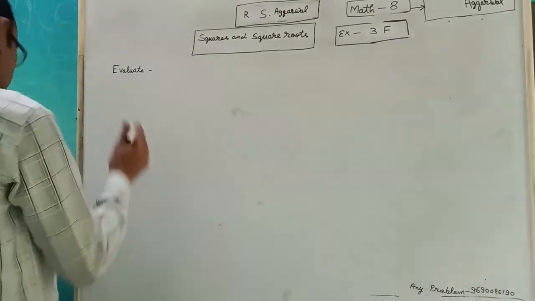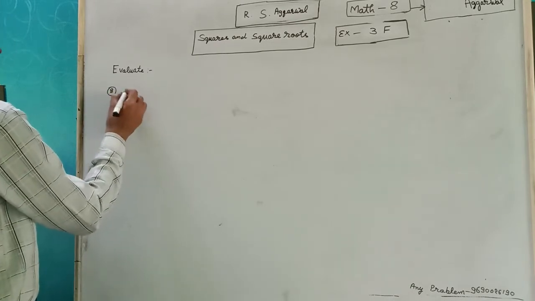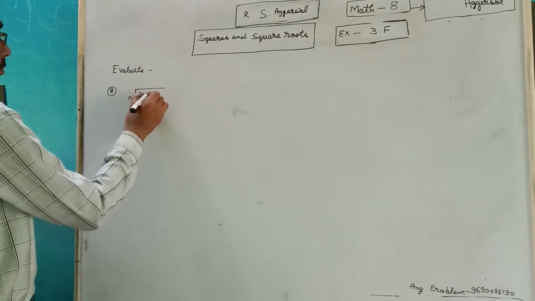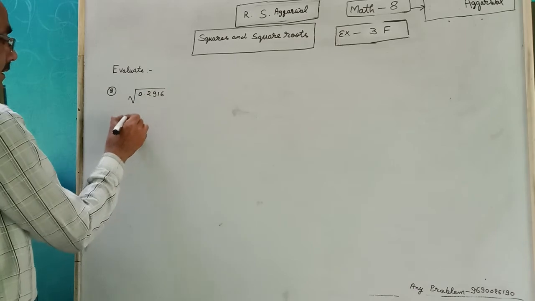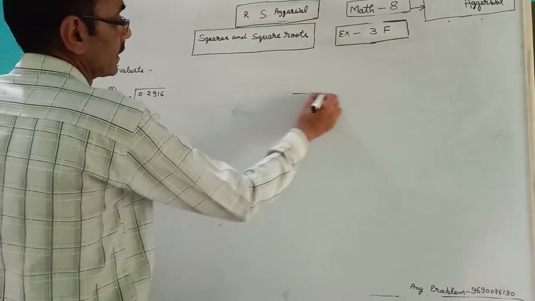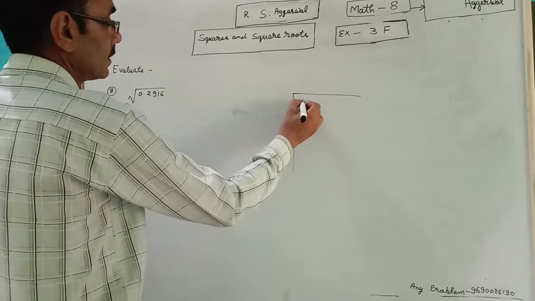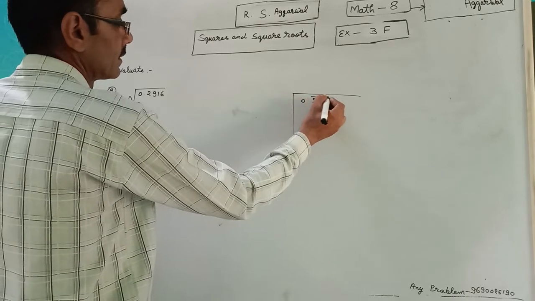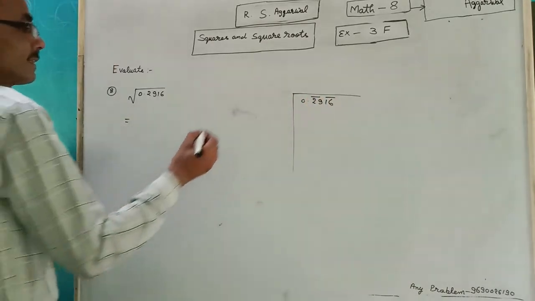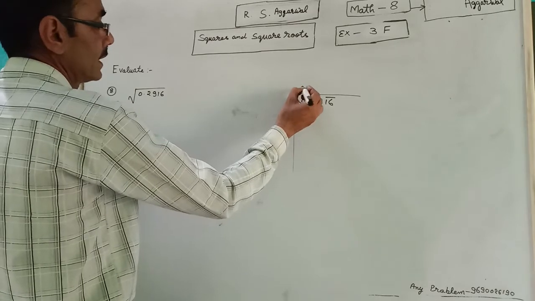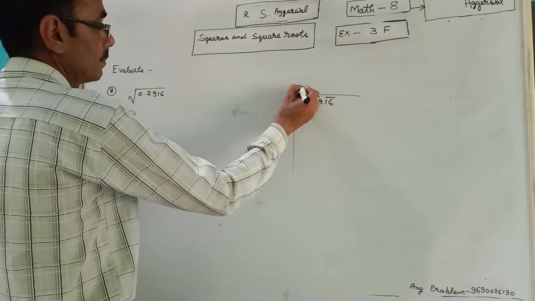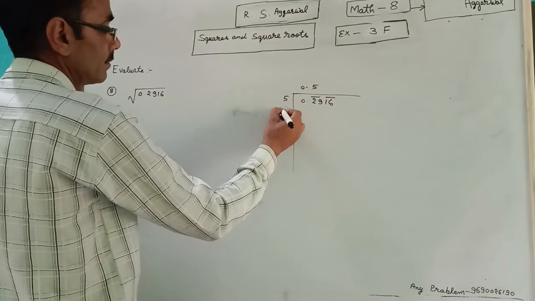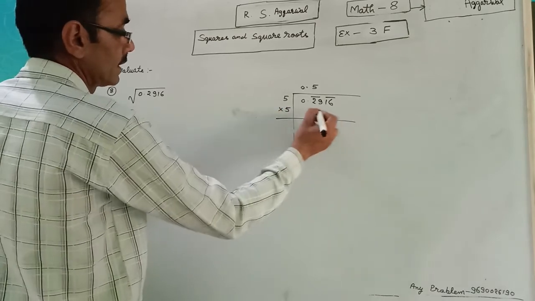Question number 8 is square root of 0.2916. Write the number 0.2916. Make the pair 29 and 16. 0 put here and point here. First pair is 29. So table read 5. 5 5 ja 25.